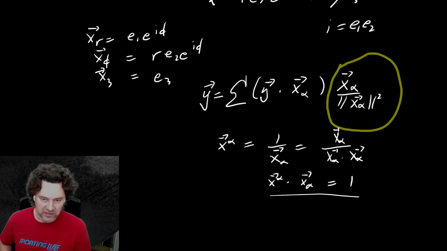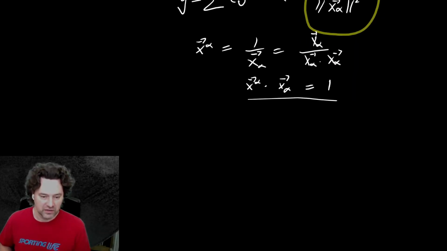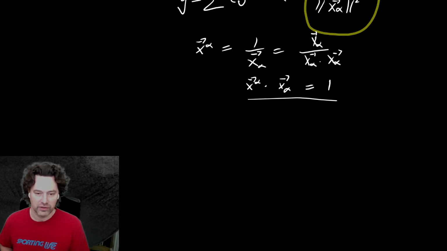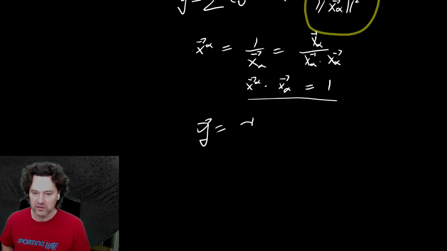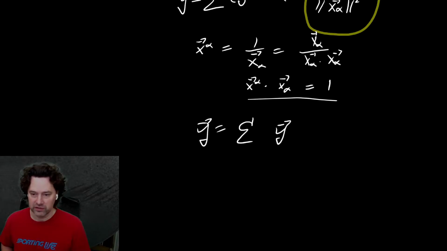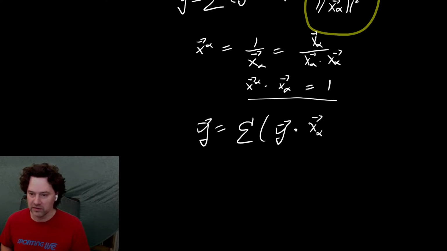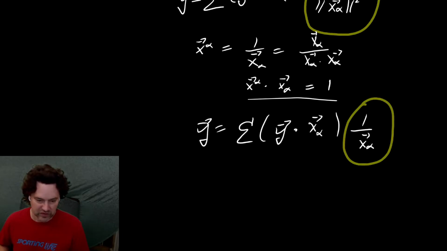So we can summarize this by saying, if we have orthogonal vectors that are not necessarily orthonormal, then we can write any vector as that vector dotted with our basis vector, times 1 over that basis vector. And in this case, 1 over our basis vector is just our reciprocal frame vector, x upper alpha.